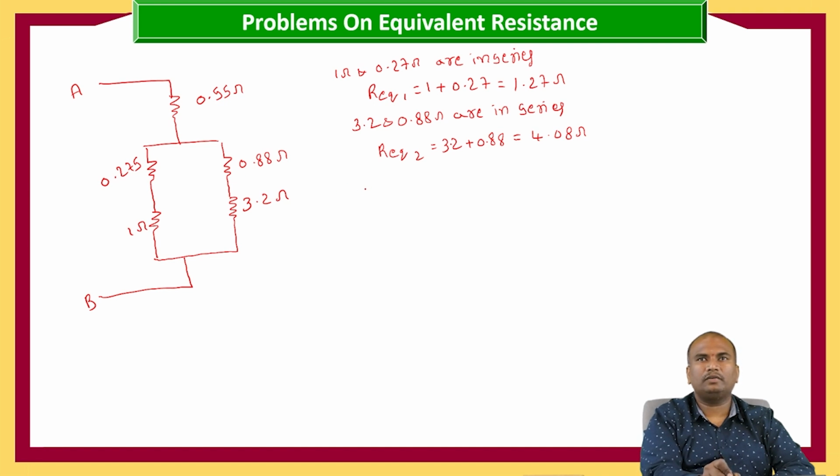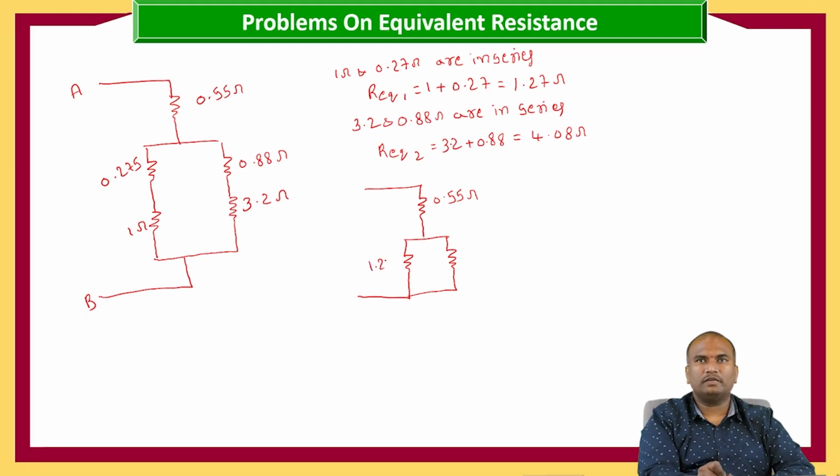So R equivalent 1 and R equivalent 2 we got. Now our circuit will become 0.55 ohms and 1.27 ohms and 4.08 ohms REAB.